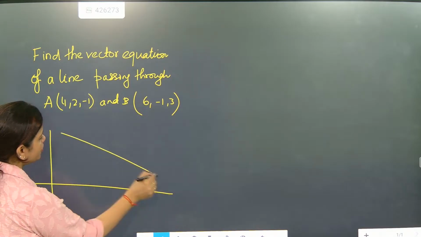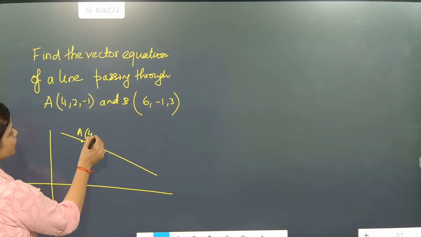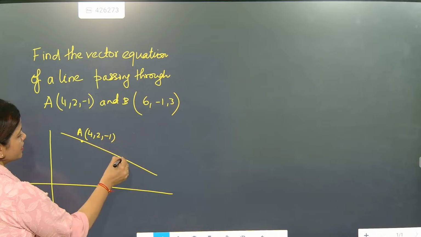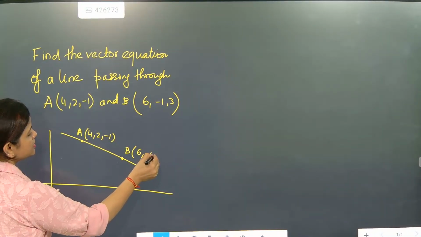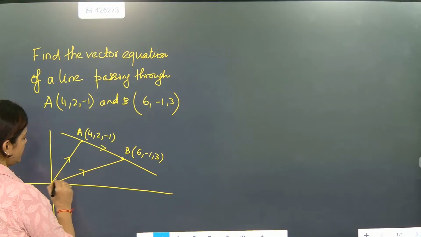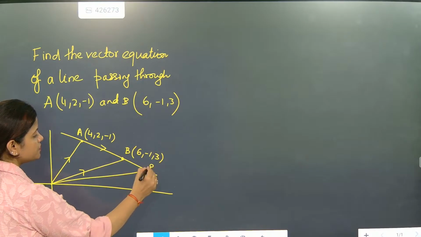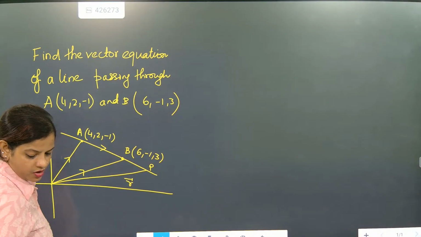First we draw: this part is A, and A is written as 4, 2, -1, and this part is B, and B is coming as 6, -1, 3. Now we are going to calculate this section, this is arrow A to B. The resultant point will be P and this is considered as R vector. Done? Till here we have done this part.